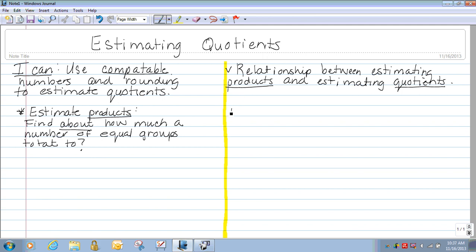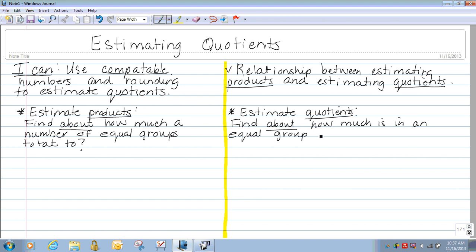When we want to estimate quotients, we want to find about how much is in an equal group, or how many equal groups there are.